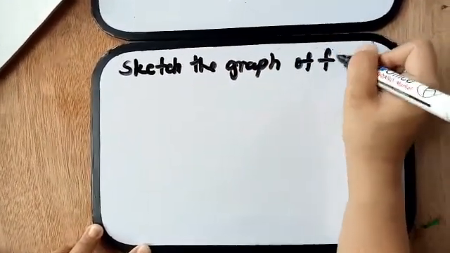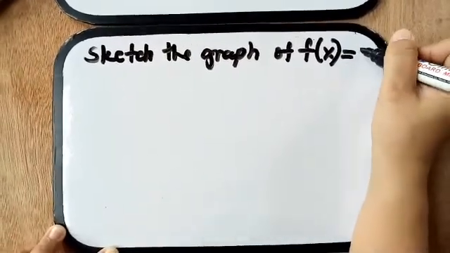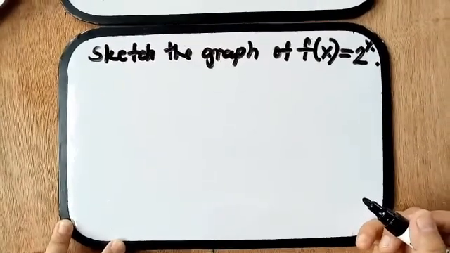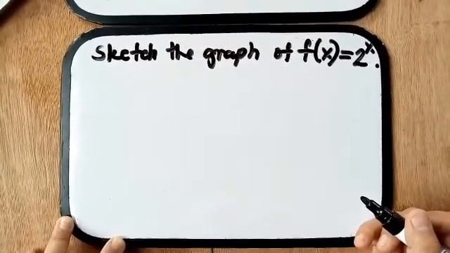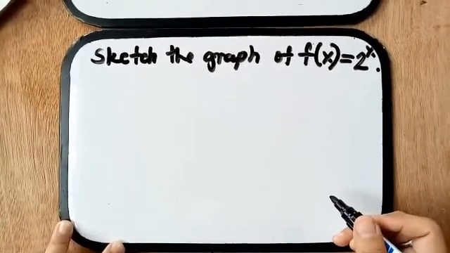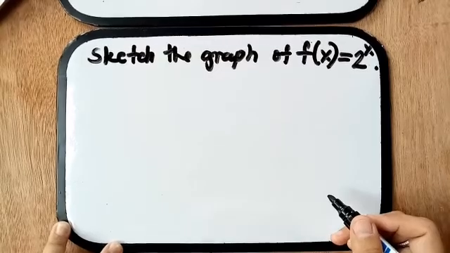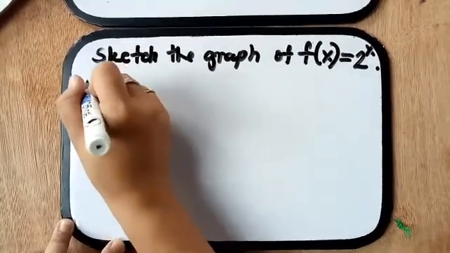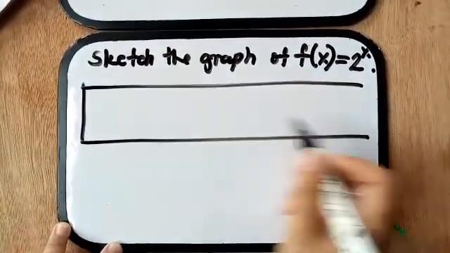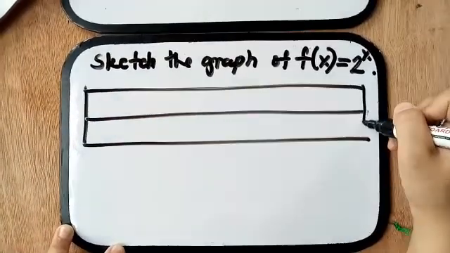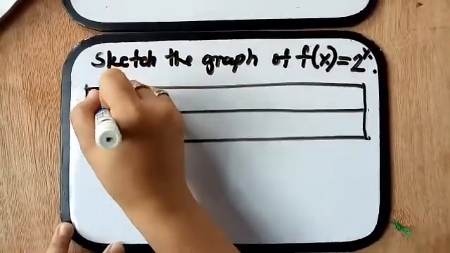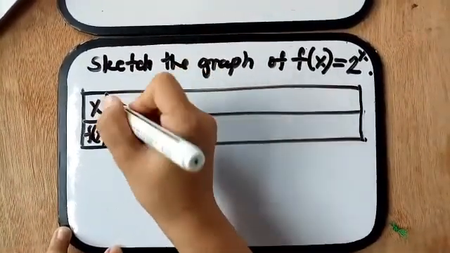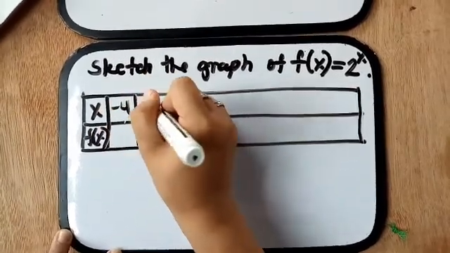of f of x equals 2 raised to x. So first step is construct a table of values of ordered pairs for the given function. So the table of values for f of x is equal to 2 raised to x will be, so let's have negative 4, negative 3.